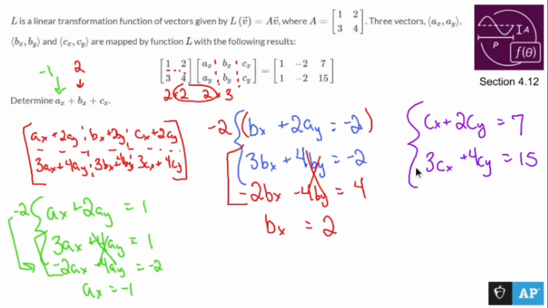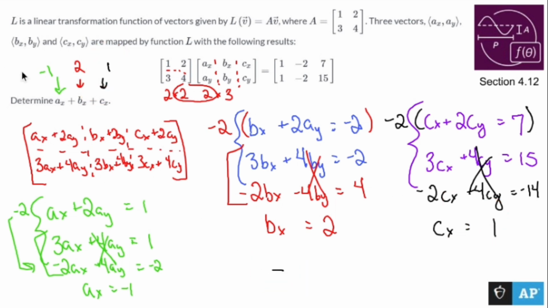Again, my job is to get c sub x, so I'll multiply the top row by -2 because that'll just get me c sub x. So -2c sub x minus 4c sub y equals -14. You cross out, you become 1 c sub x is going to equal 1. So c sub x is 1.